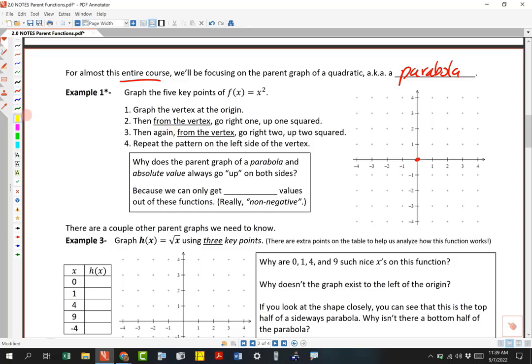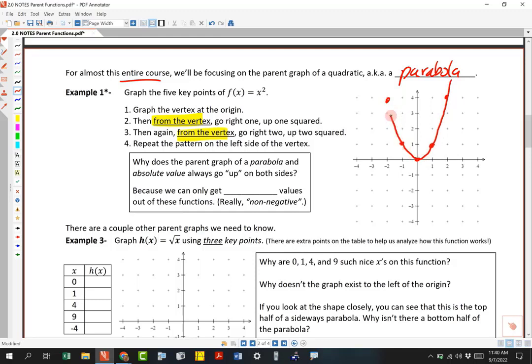And then again, from the vertex, the pattern always starts from the vertex. We're going to go right 1, up 1 squared. Right 2, up 2 squared. We always start from the vertex, so we're going to come back here and go left 1, up 1 squared. Left 2, up 2 squared, and this is what it looks like.